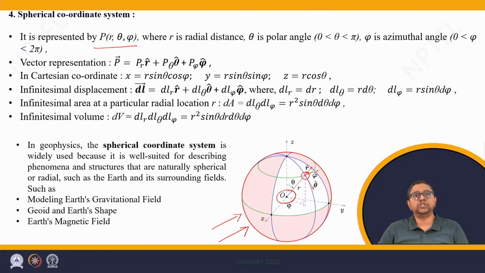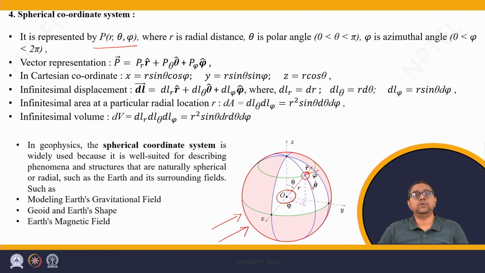Now the ranges of these quantities are: r goes from 0 to infinity, while the polar angle theta is restricted to 0 to pi. The azimuth angle ranges from 0 to 2 pi.